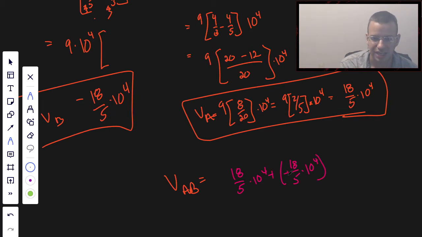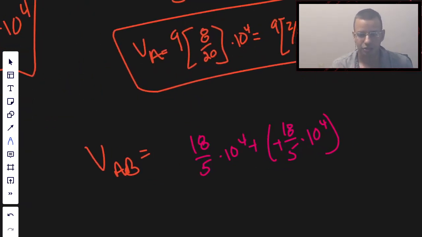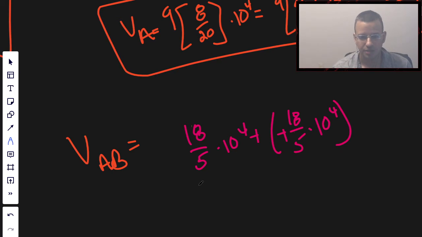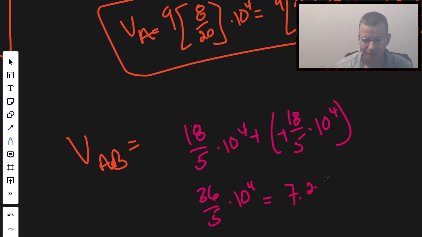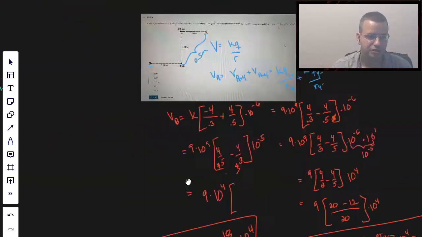The negatives cancel and create a positive. So this is going to be 36/5, 18 plus 18 is 36, over 5 times 10 to the 4th. 36/5 is going to be 7.2, maybe, times 10 to the 4th volts, which is going to be 72 kilovolts.